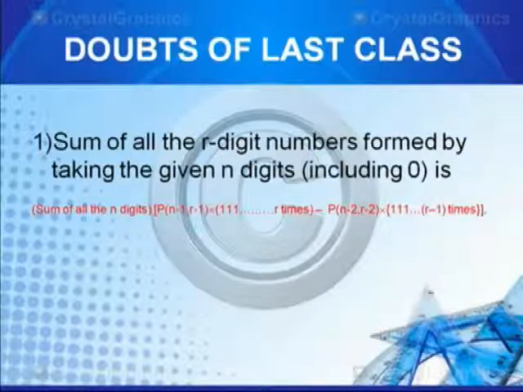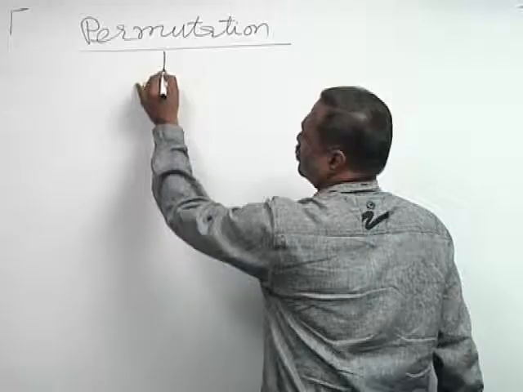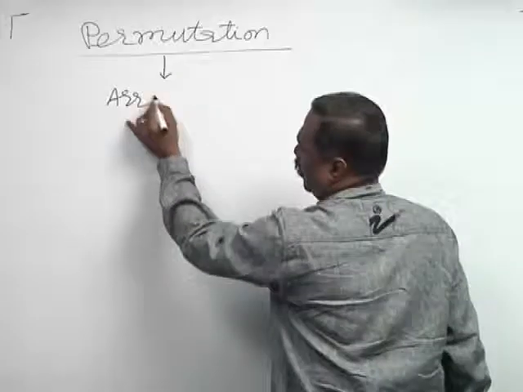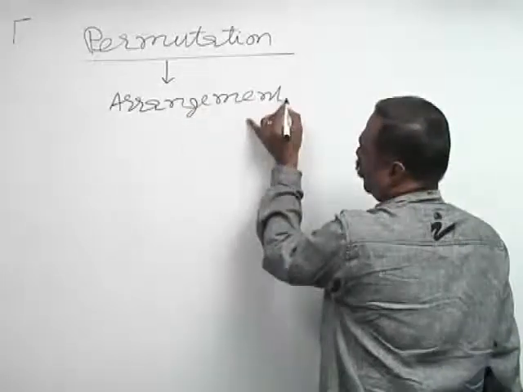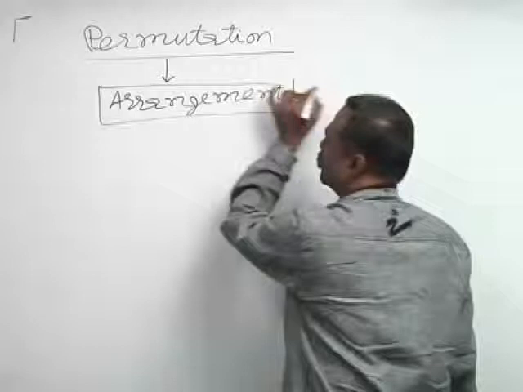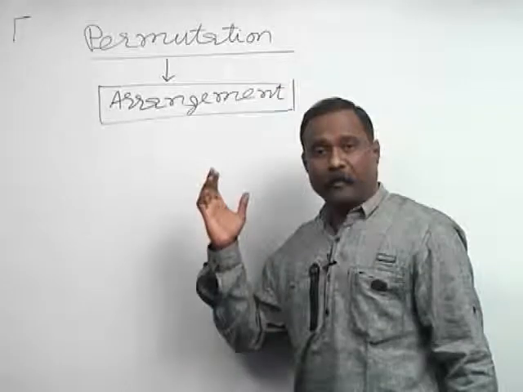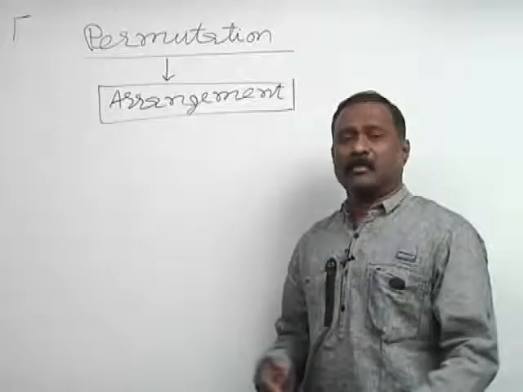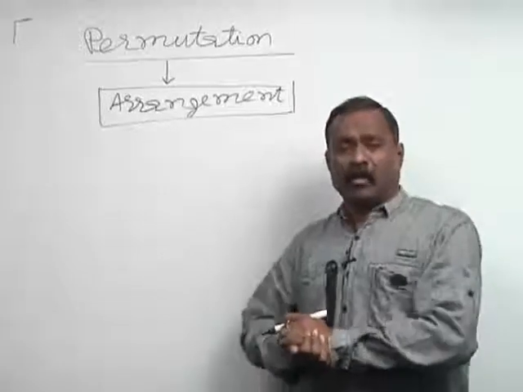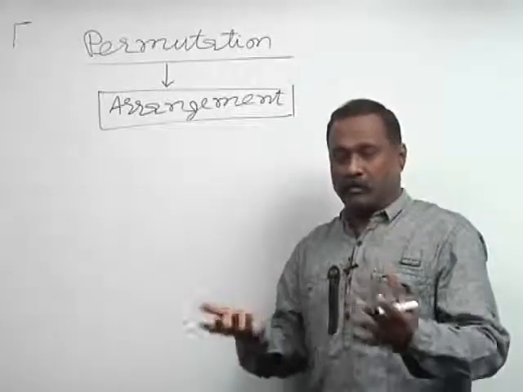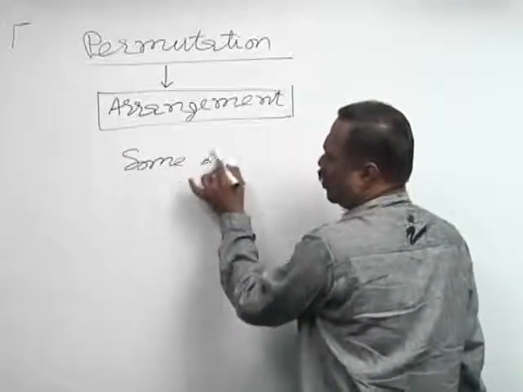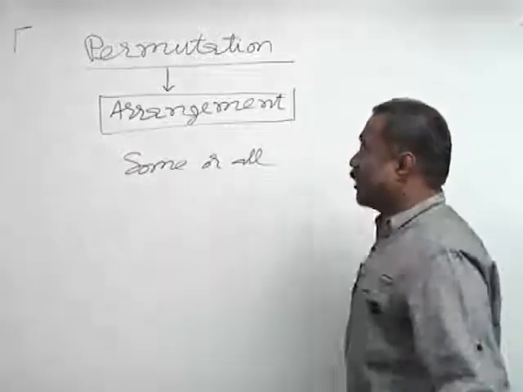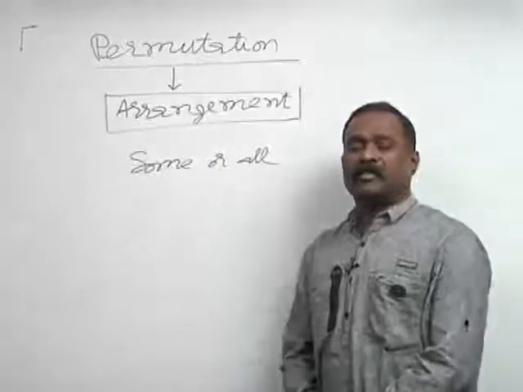For the permutation, the dictionary meaning is nothing but the arrangement. Arrangement of what? Arrangement of things or objects or whatever it is. And if you arrange the things or objects by taking some or all at a time, it is nothing but a permutation.